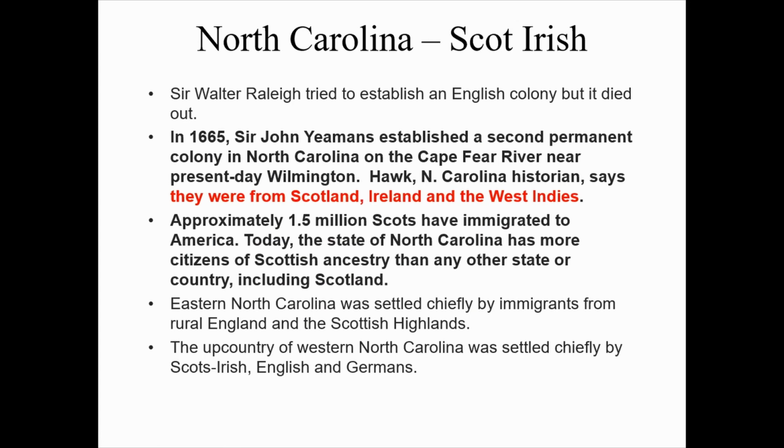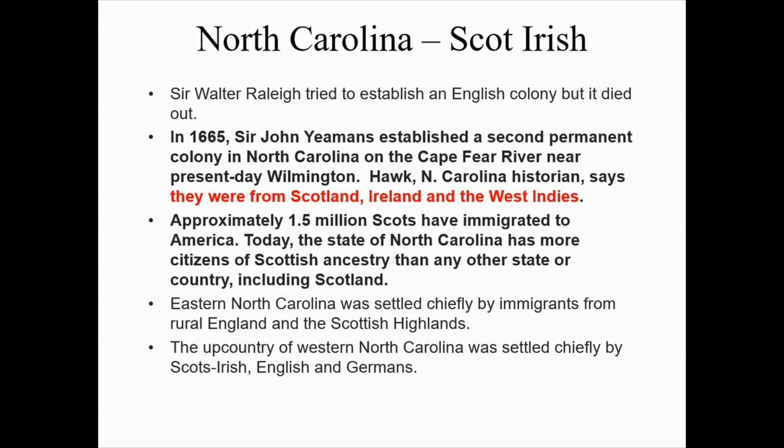The history on these people: it was Sir Walter Raleigh that tried to establish an English colony there, but he died. So it was left in 1665 to John Yeamans to establish the second colony around the Cape Fear River in Wilmington. They were from Scotland, Ireland, and the West Indies.